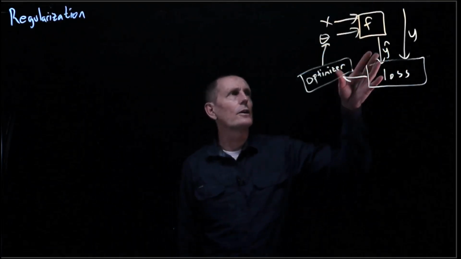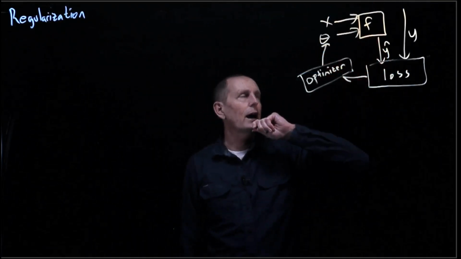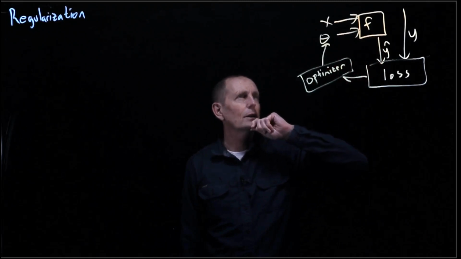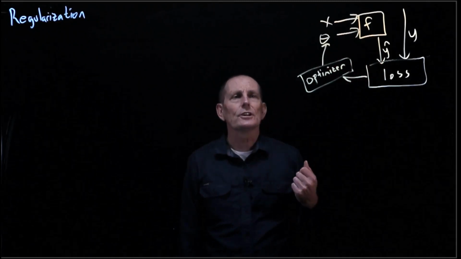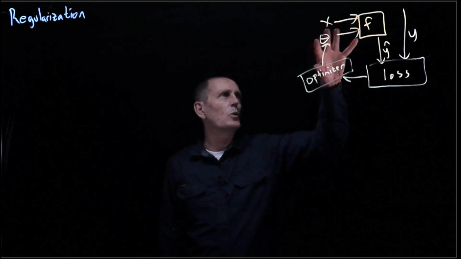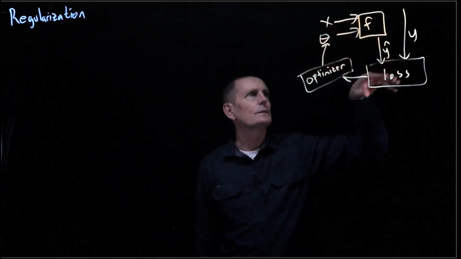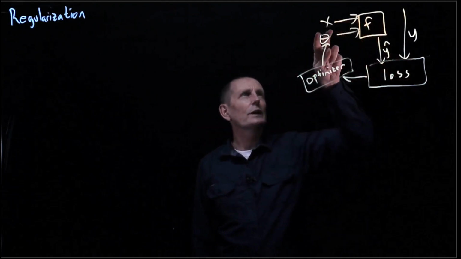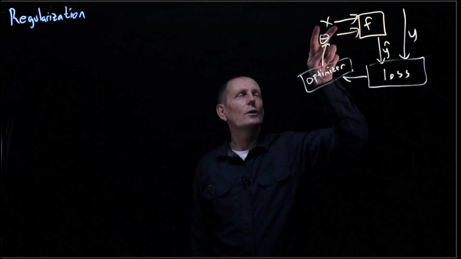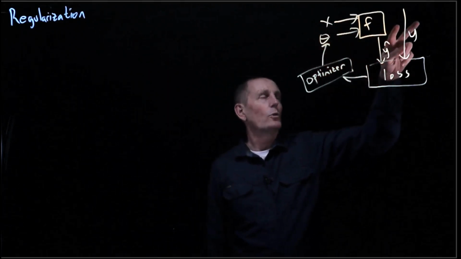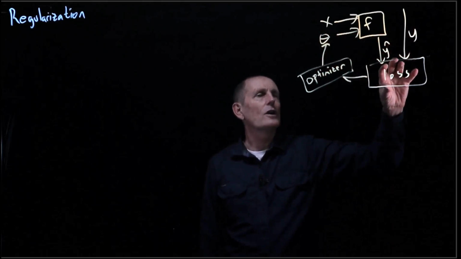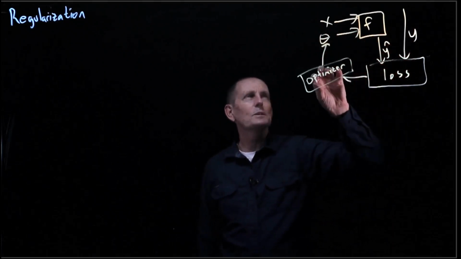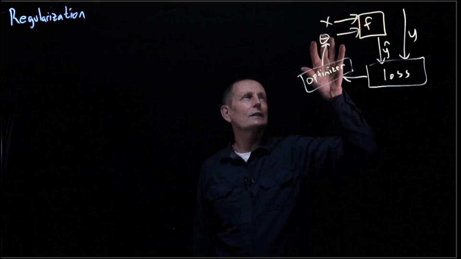We have here our diagram that we've been using, looking at how the gradient descent works. The regularization can occur really at any point in this diagram. So regularization can be done with changes to X or Y or the loss function or the optimizer or actually theta itself.